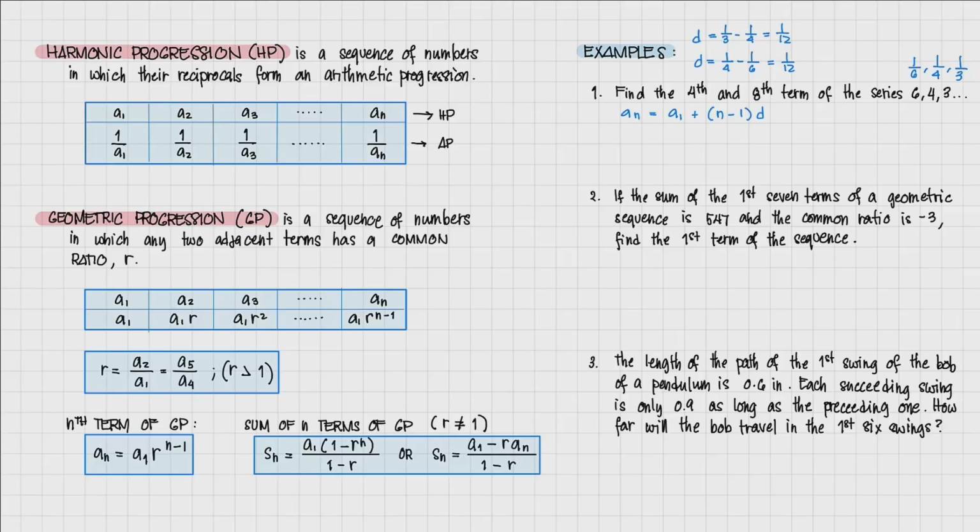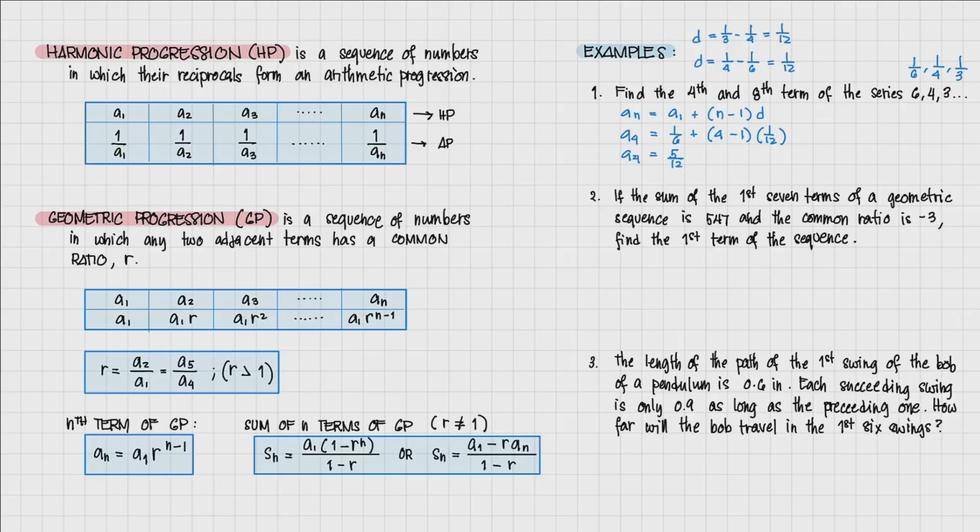So here you have an, which is a4, and that is equal to a1, which is 1 over 6, plus n, which is 4, minus 1 times the common difference, which is 1 over 12. Now our a4 would be 5 over 12.